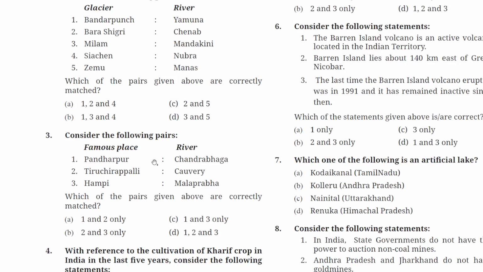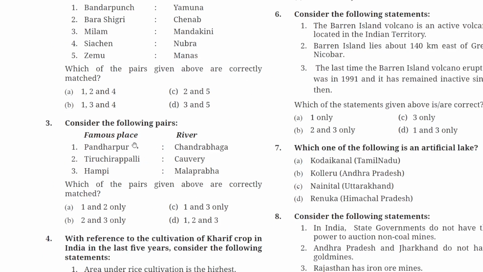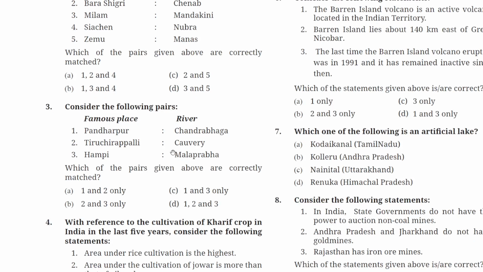Consider the following pairs. Pandharpur, famous place, river Chandrabhaga, Tiruchirappalli, river Kaveri, Hampi, Malaprabha. There are three places and three rivers. You can easily eliminate two here. Tiruchirappalli, Kaveri is correct because Tiruchirappalli is on the Kaveri in Tamil Nadu. So option two is correct.